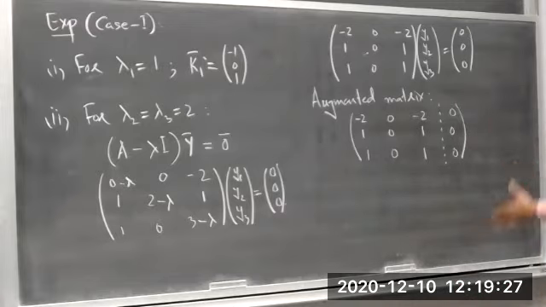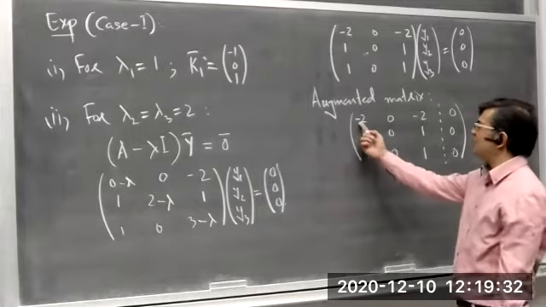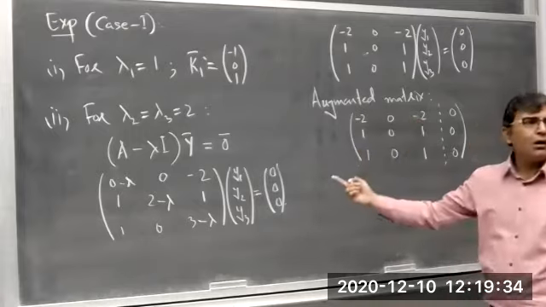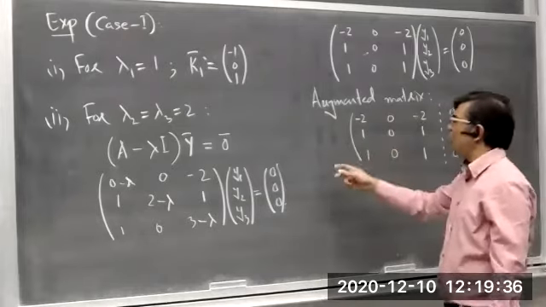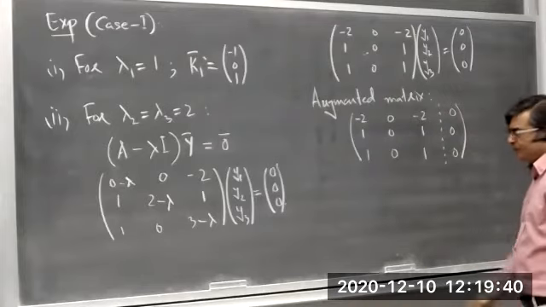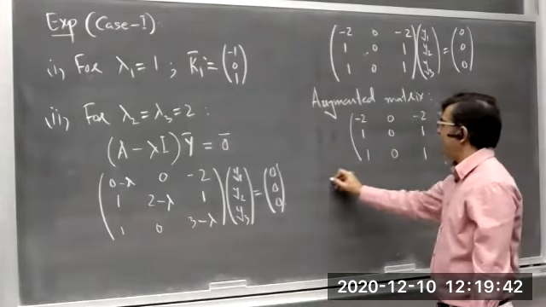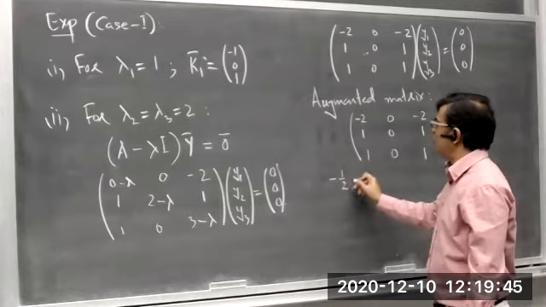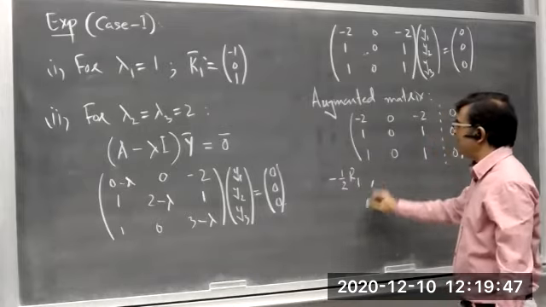You can see that all three rows are identical. If we take -2 common from the first row, or we divide the first row by -2, all three rows will be identical. Okay. You can operate -1/2 R1, one operation.